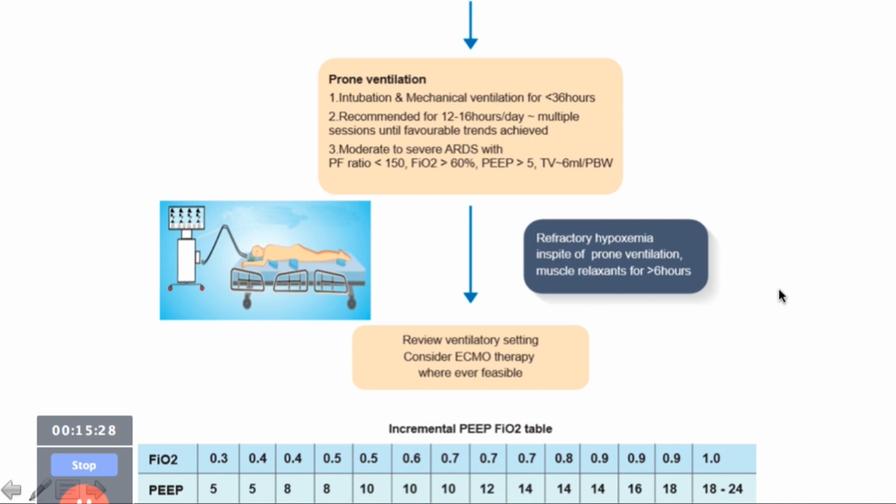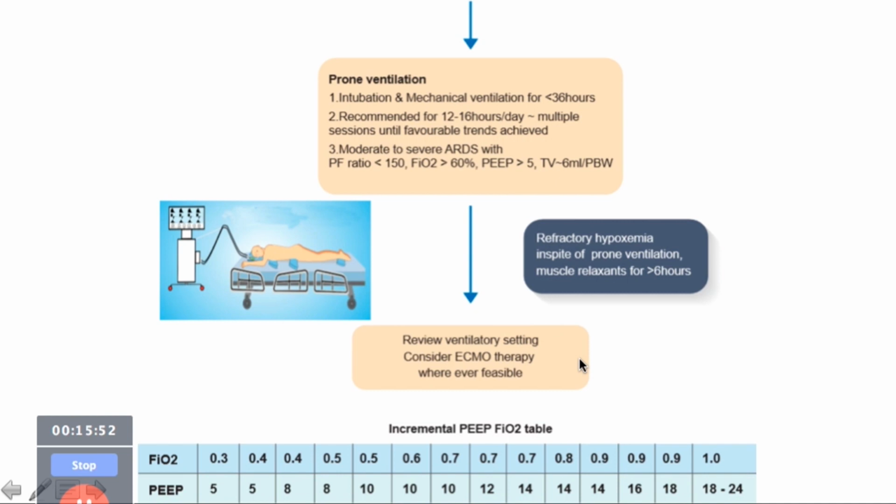So despite prone ventilation, if patient continues to remain hypoxemic, despite prone, despite muscle relaxation, despite protective lung ventilation. When we say protective lung ventilation, it is low tidal volume plus optimal PEEP. With all these measures, then you may have to consider in an extreme case, ECMO is the only life-saving measure.